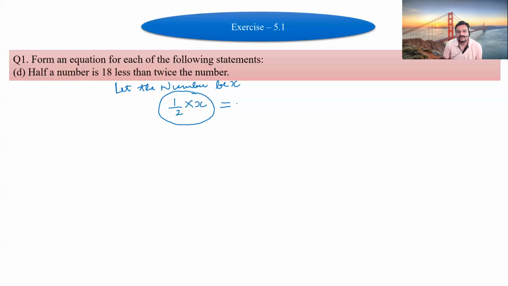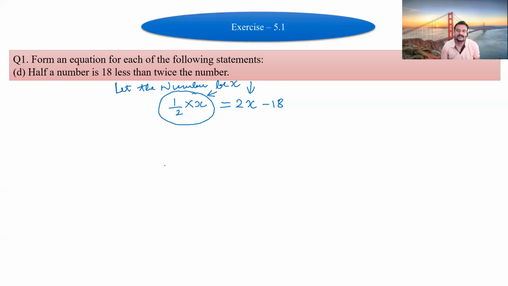So 18 less means what happens? The other number is 2x, and from it 18 is less. Yes or no? Half a number is 18 less than twice the number. This is twice the number; if we reduce 18 from it, we get half the number.